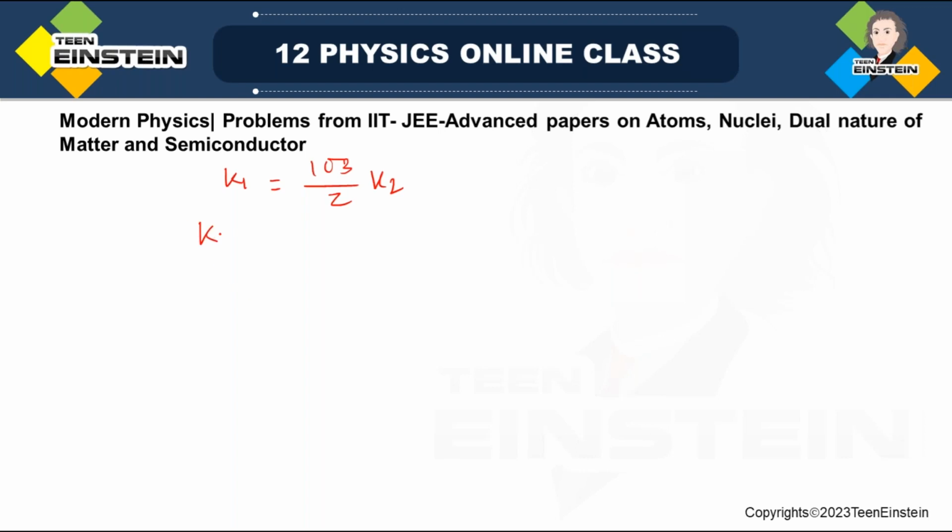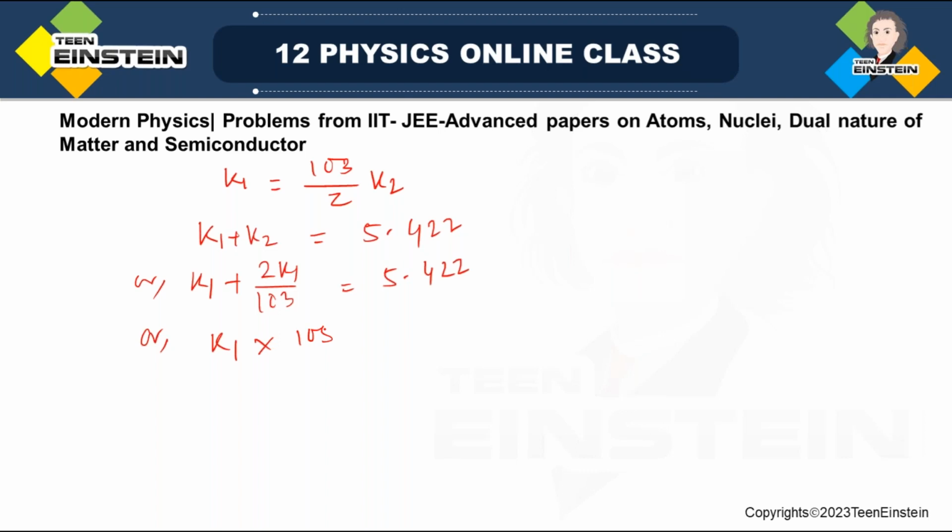The other point is that K1 plus K2 is Q, right? Q means 5.422, what we have already got. Now see, if I replace K2 from here, that means 2 K1 by 103, that is equal to 5.422. Now K1 into 105 divided by 103 equals 5.422.